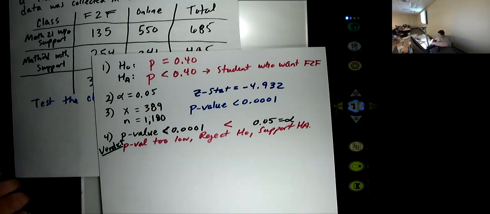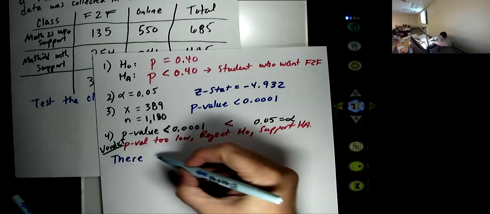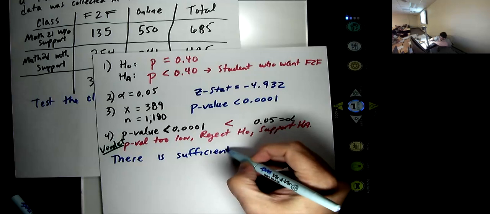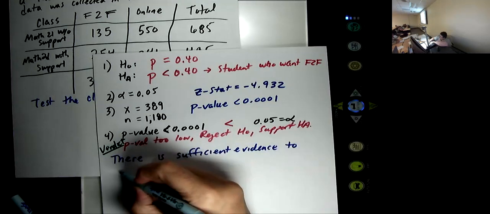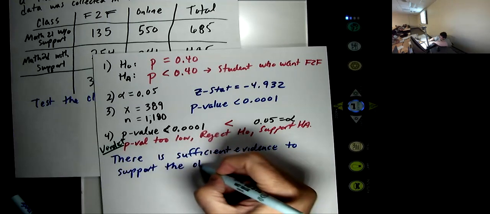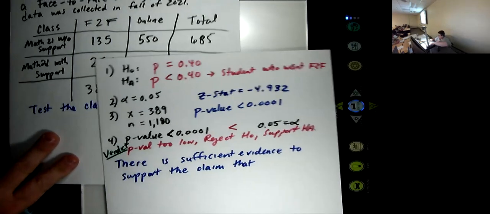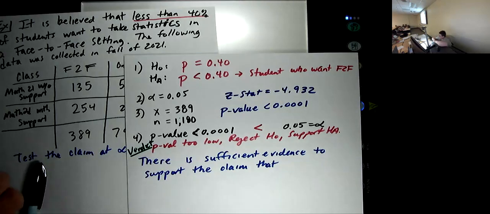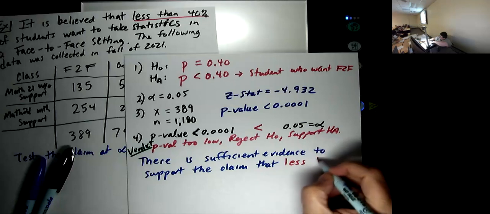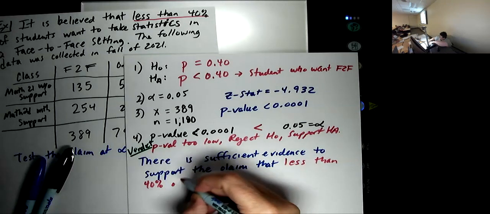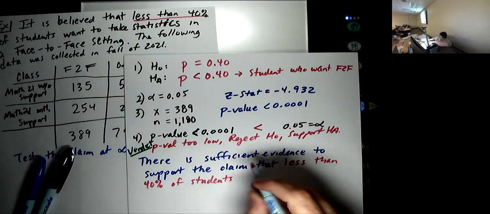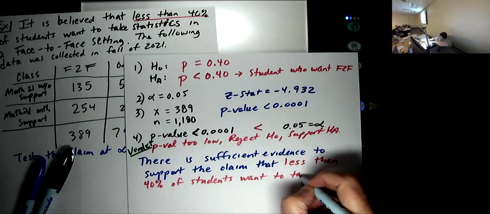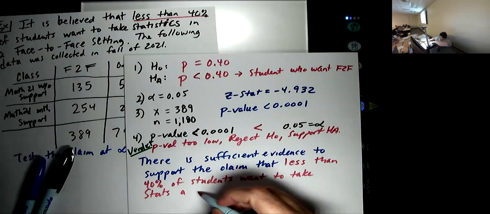I'm supporting HA, and HA was that less than 40% of students want face-to-face stat classes. There is sufficient evidence to support the claim that, and I'm actually just going to jack the sentence, less than 40% of students want to take stats in a face-to-face class.